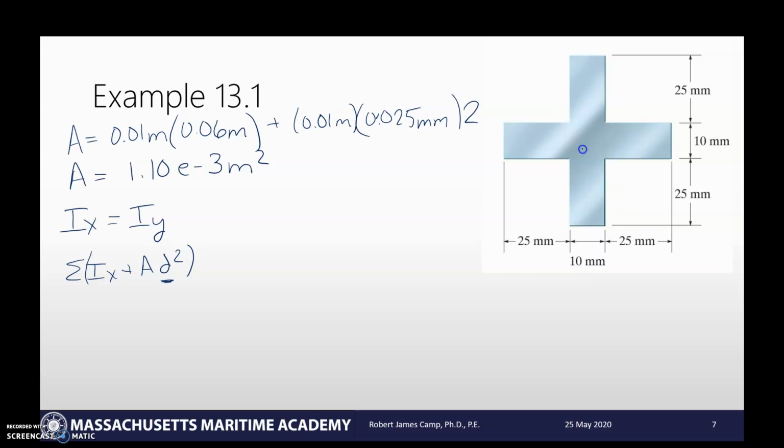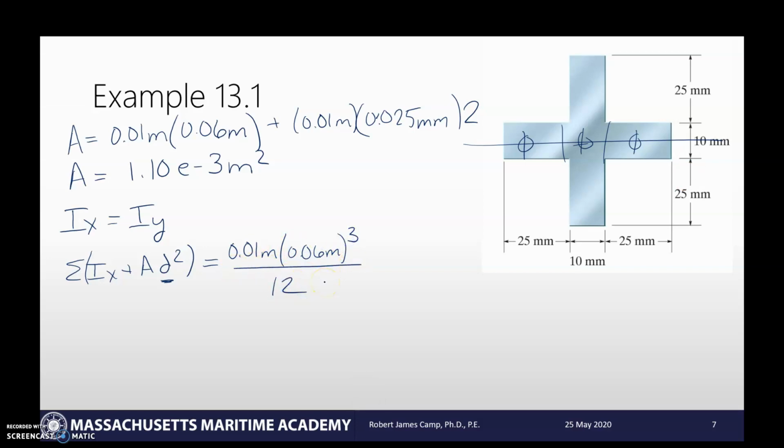And that's important because it can make things like this pretty quick to calculate. I'm going to break it up like that. There's my centroids. I have no d squared for any of that. So I've got base, which would be 10 millimeters, times my height, in this case 60, cubed over 12.